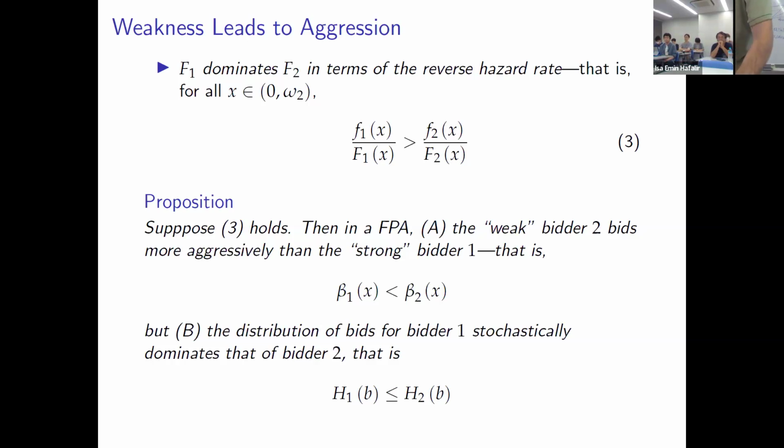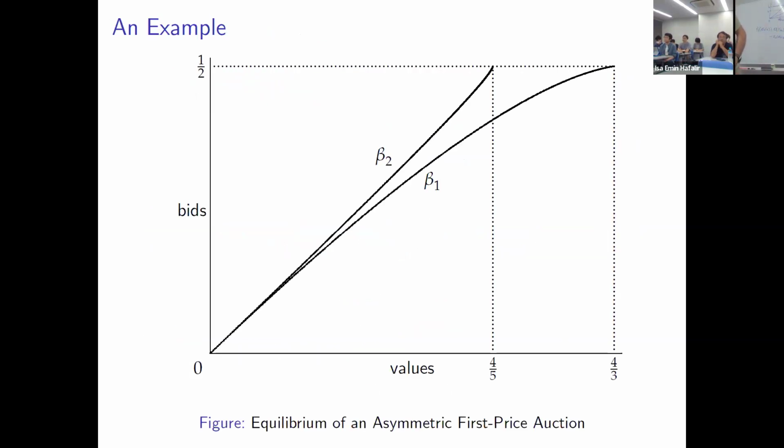So let's prove this. There is no proof here, and this is one example, for instance, when the values are between 4/5 and 4/3. This is bidder 1's equilibrium bid. This is bidder 2's equilibrium bid. And as you can see, for instance, here, this allocation is inefficient, right?